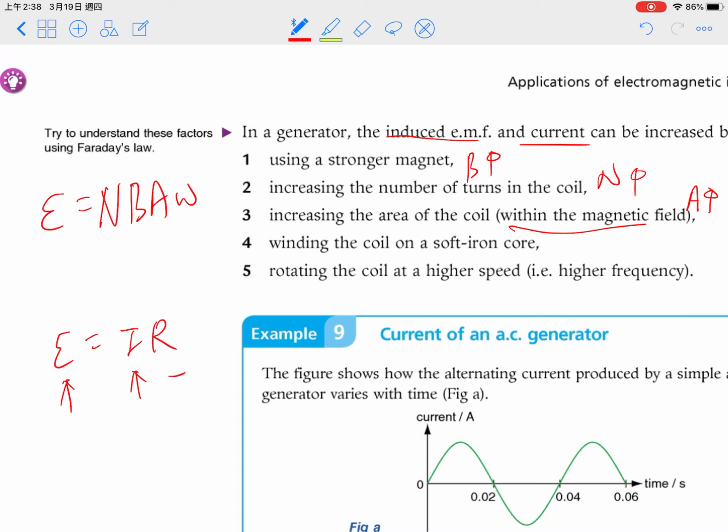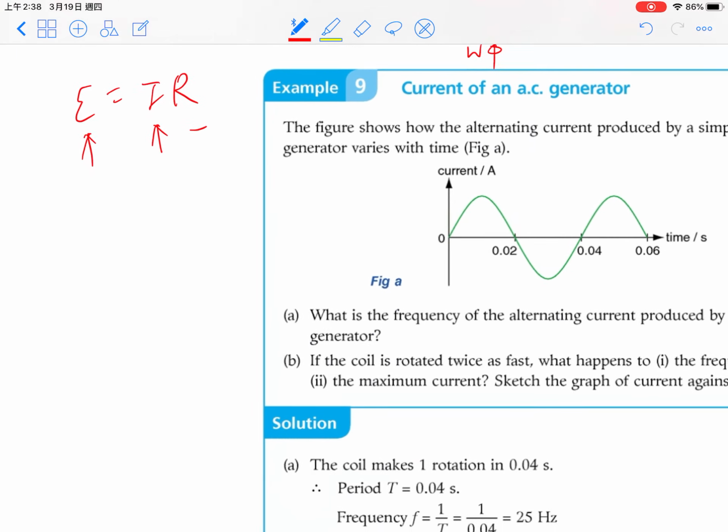So actually we need to mention the coil should be within the magnetic field. Also, winding the coil on a soft iron core increases the B field passing through the coil because it can enhance the magnetic field. Okay, rotating a coil at a higher speed, that is a high ω.